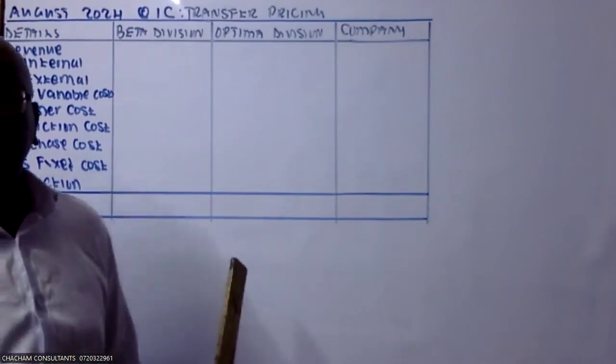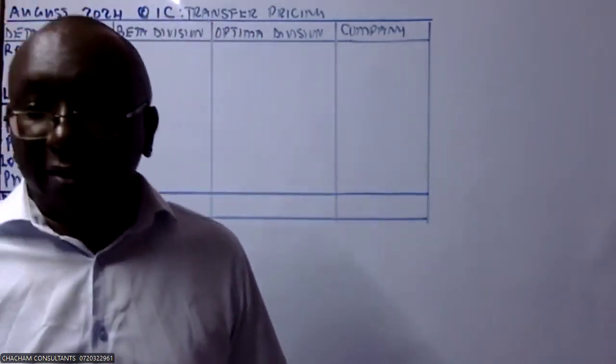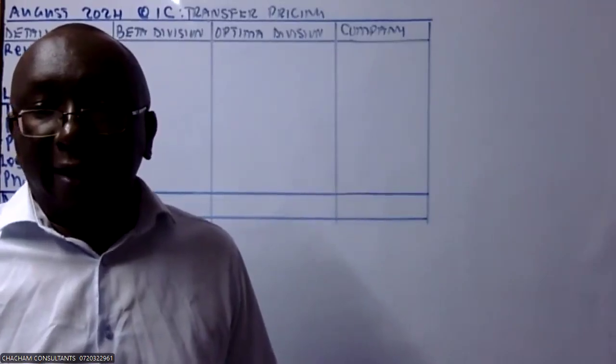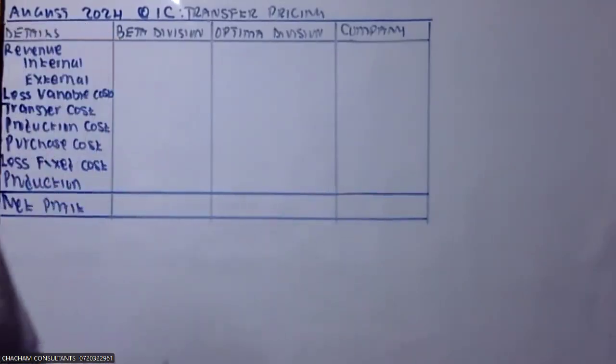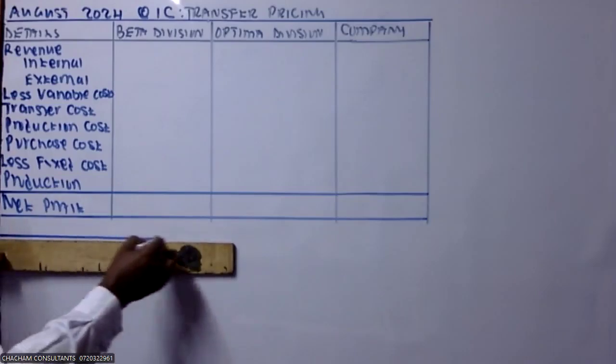So for us to proceed now to get the values, the first thing they have asked us is to get the running curve coefficient. So we will first of all come here and talk of running curve.